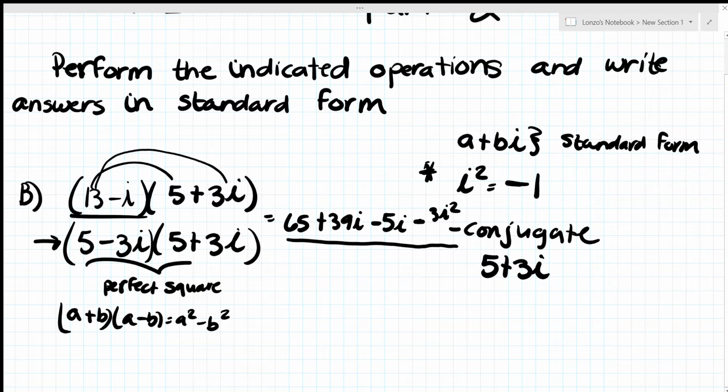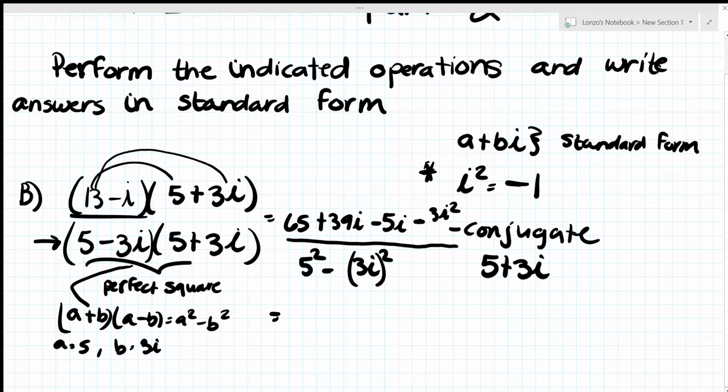So my a is 5, so we square that: 5 squared minus, and what is my b? My b is 3i, but we have to square that, so it's 3i squared, this whole thing.